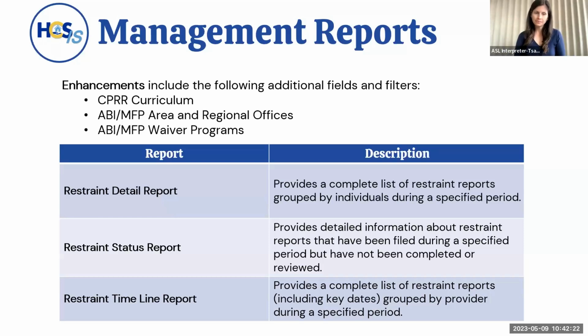Additionally, the field DDS document status label has been changed to DDS MRC document status. The restraint timeline report will also receive new filter options for the ABI-MFP populations.